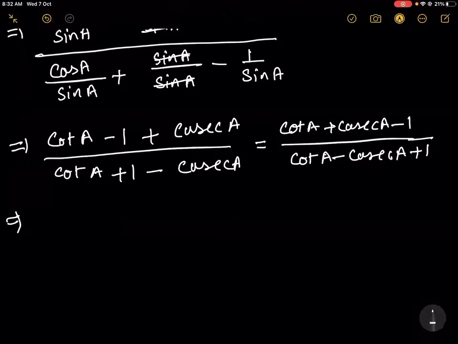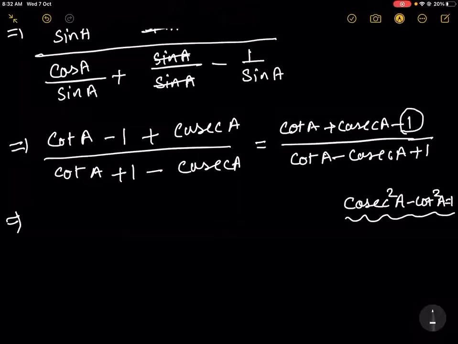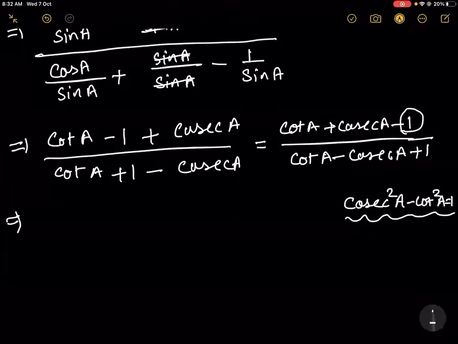Instead of 1, we can write cosec square A minus cot square A is equal to 1. We know this identity, so instead of 1, I am going to put that identity.